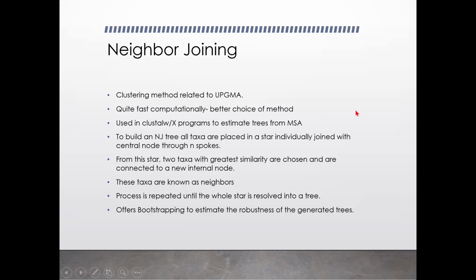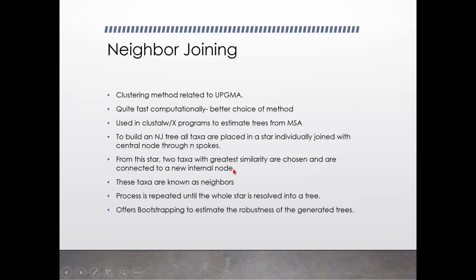That means, in the center there will be a node and several taxa are connected to this node individually like a star. From this star, two taxa which are having the greatest similarity among them are chosen and they are connected internally to form an internal node.